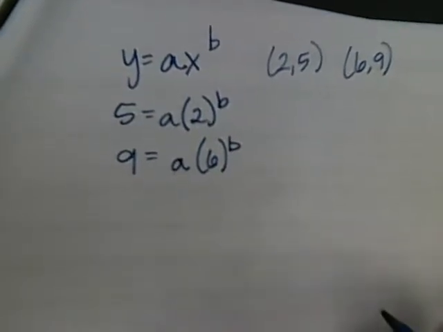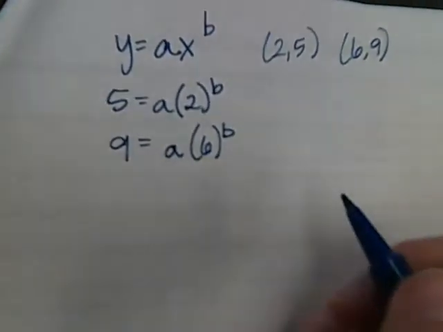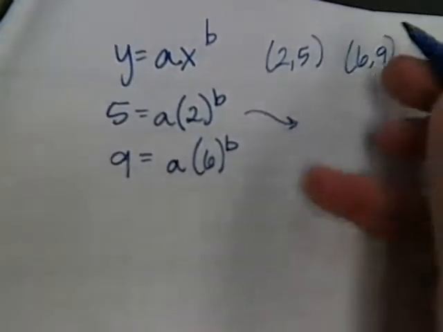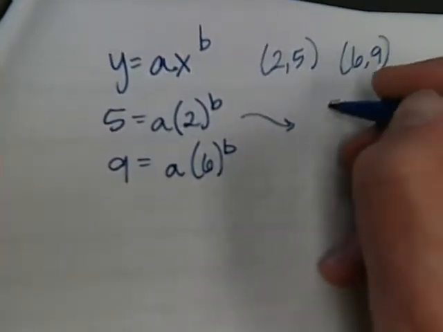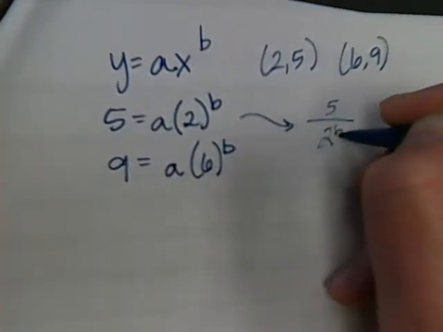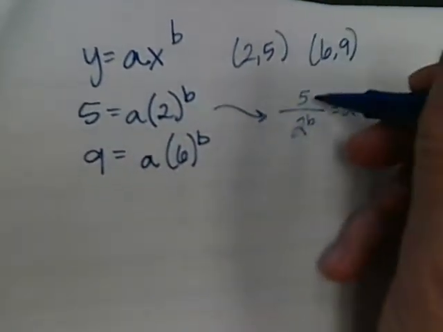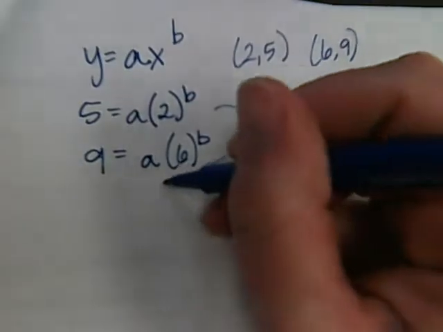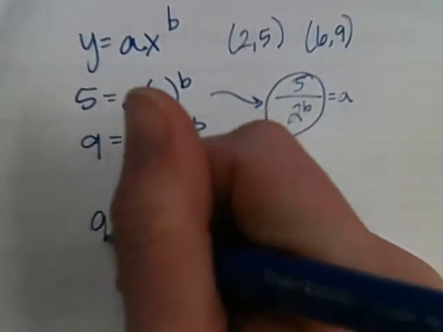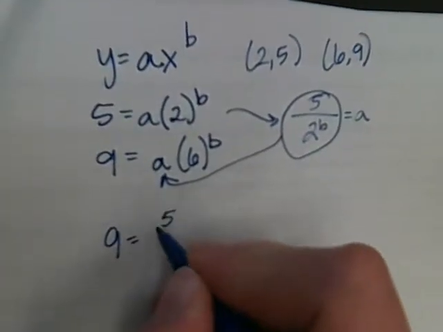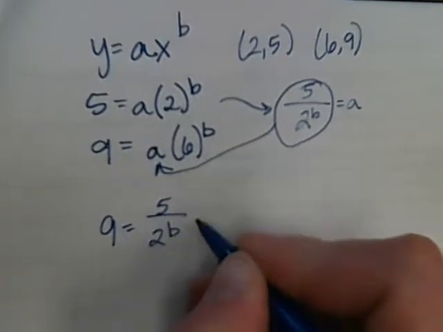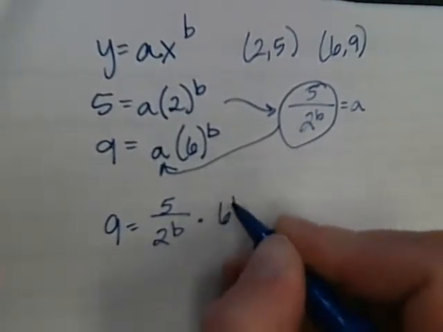And we want to still get a by itself, so I'm just going to do the first one here. 5 over 2 to the b would equal a. And I'm going to sub that in right here. So 9 equals 5 over 2 to the b times 6 to the b.